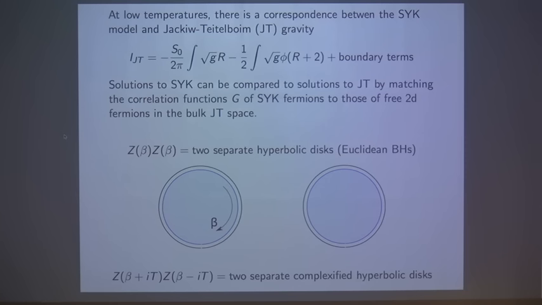Two hyperbolic disks representing the two theories. So these hyperbolic disks can be interpreted as Euclidean black holes. So this underlies the relationship between the SYK model and two-dimensional black holes.